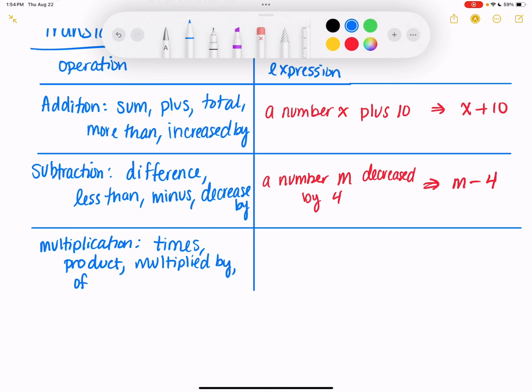So if you were going to see of, it's probably going to say like, 2/3 of a number, which just means to multiply. But otherwise, it'll probably say something like a number y times 3, which is just going to be 3y.